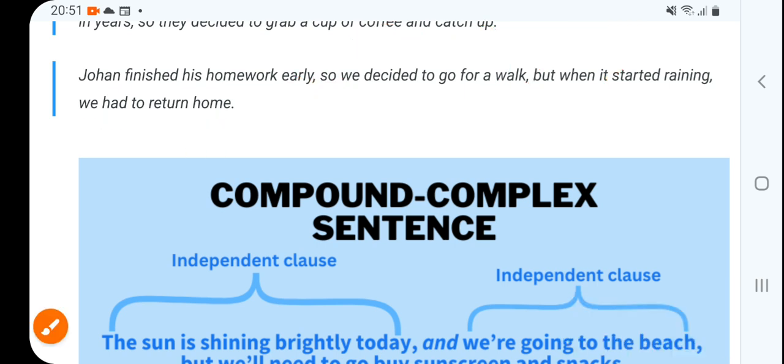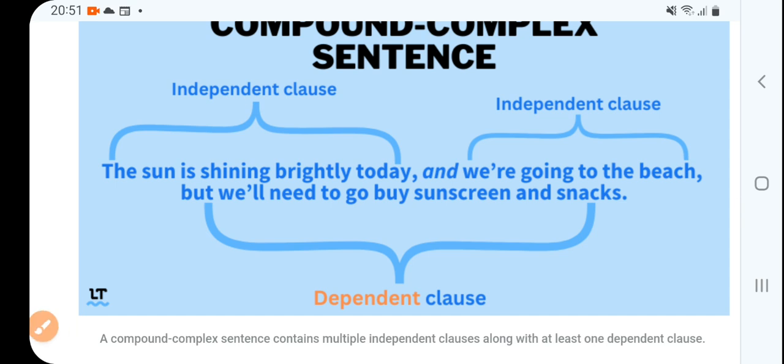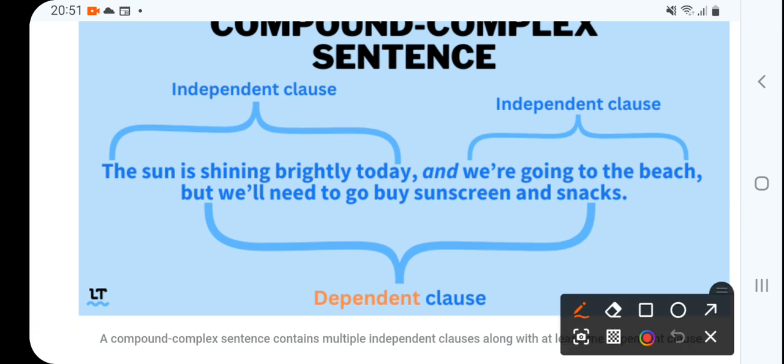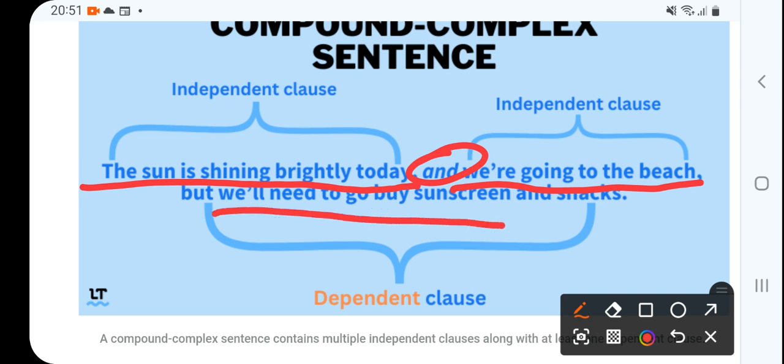So complex and compound. "The sun is shining brightly today," independent, joined by a conjunction. "We are going to the beach," independent, "but we will need to go buy sunscreen and snacks."